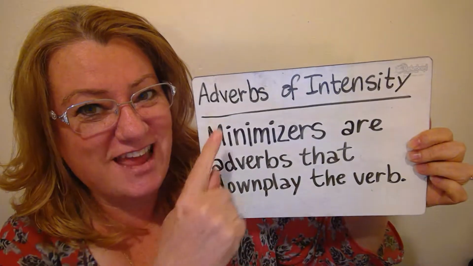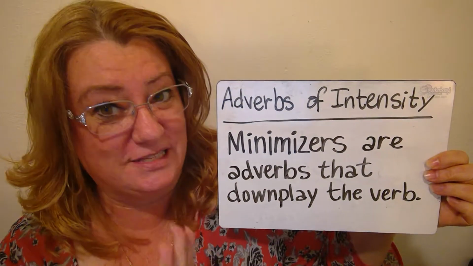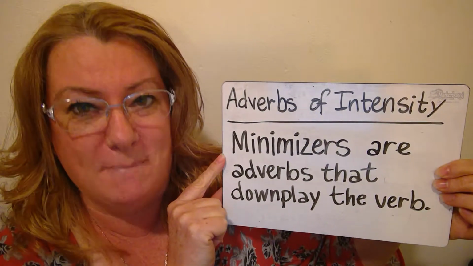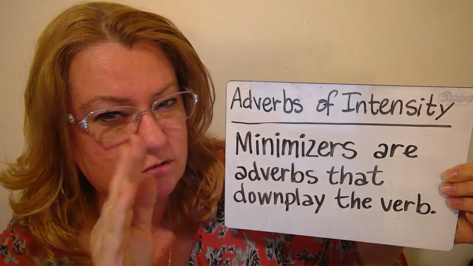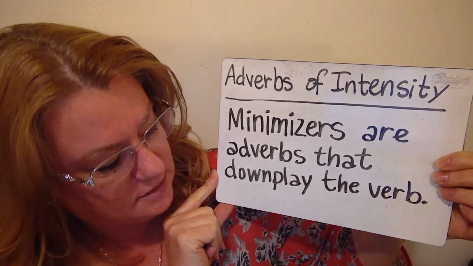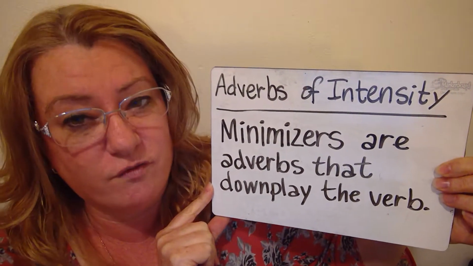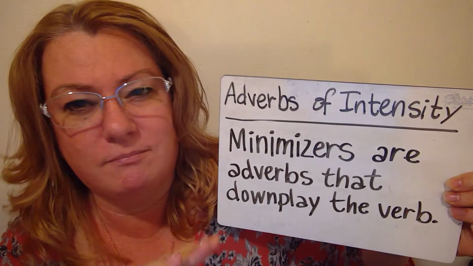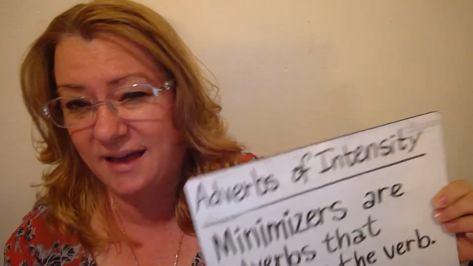Well, in looking at our next adverbs of intensity, these intensifiers, we're going to look at minimizers. Minimizers, making it smaller. So minimizers are adverbs that downplay the verb. Downplay. Make it softer, not as bad. Make it smaller, less emphasis, not amplify.